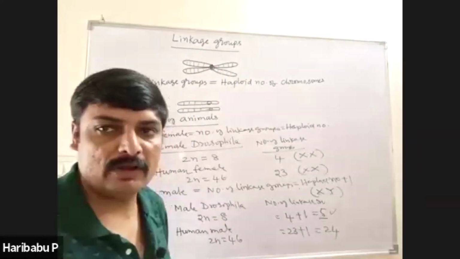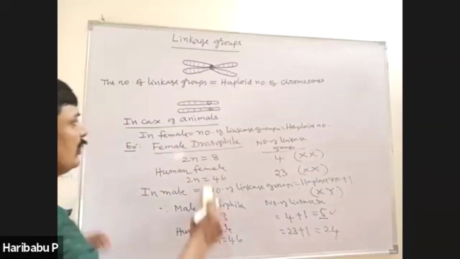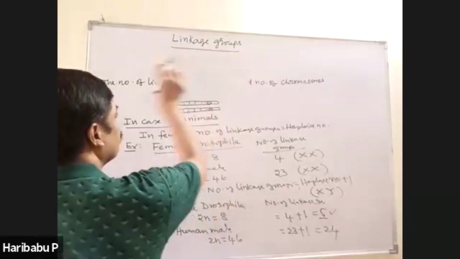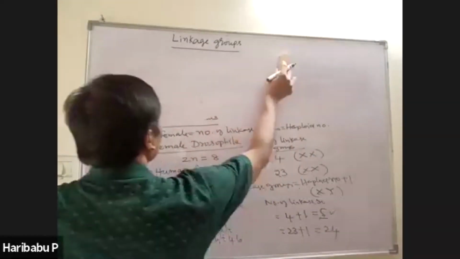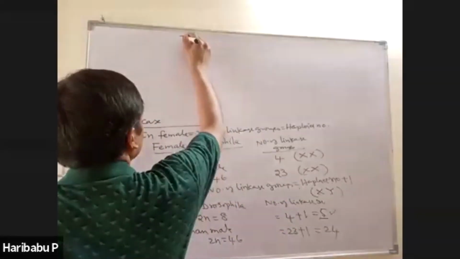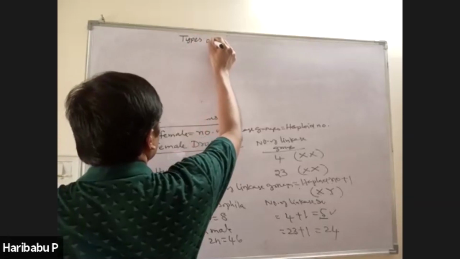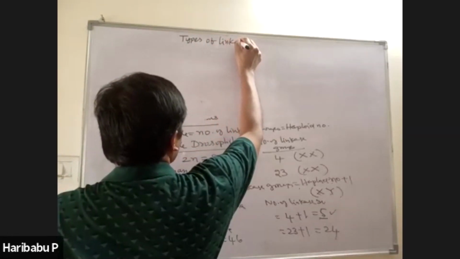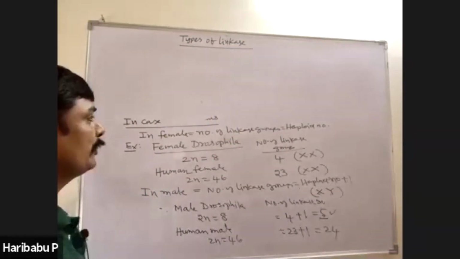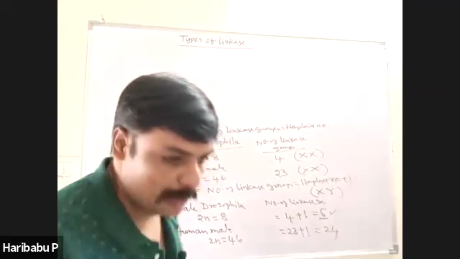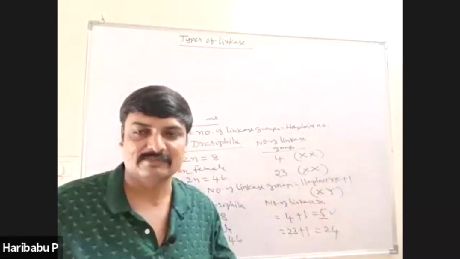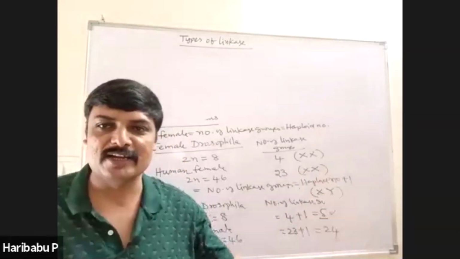Now we go for another very important phenomenon, that is types of linkage. Listen carefully. I told you so many times that all the genes present on the same chromosome are said to be linked, and the genes are called linked genes.